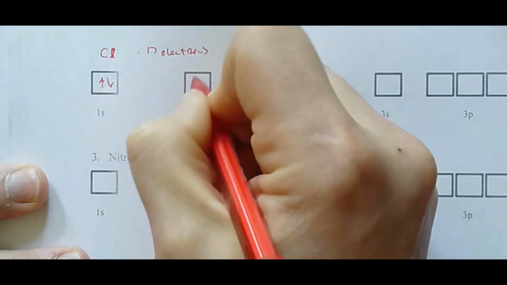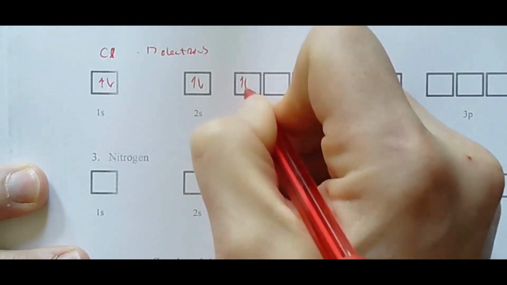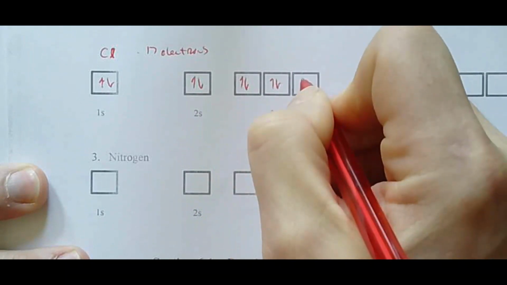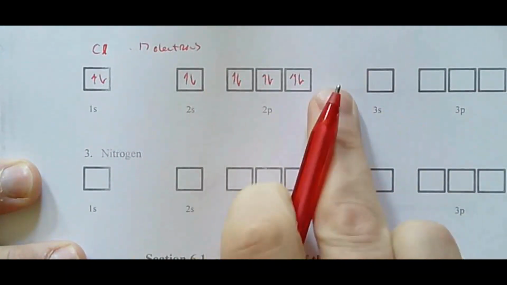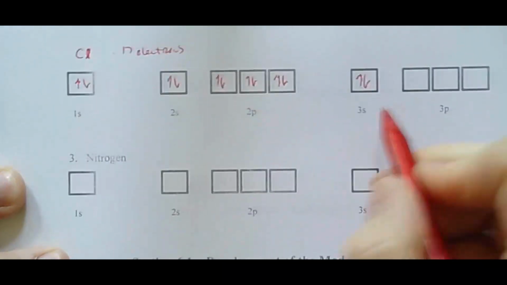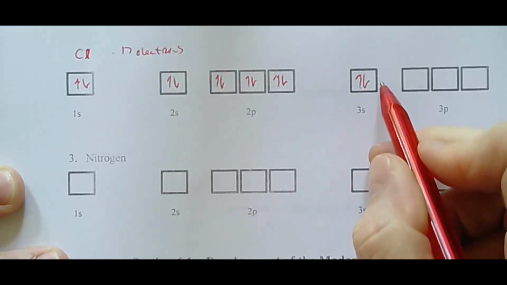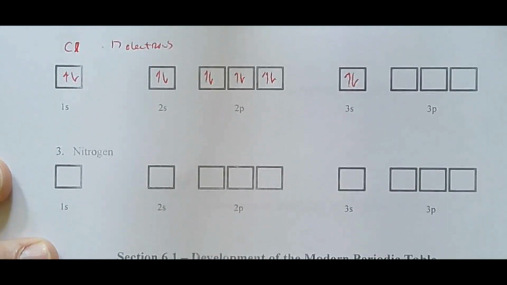There's 2, 3, 4. This is going to hold 6, so that brings us to 10. So this is going to be completely full. Up to this point, we've got 10 placed. We've got 7 more, so the 3s is going to be filled. That's 12. So we have 5 electrons to put here. The p sublevel can hold 6.